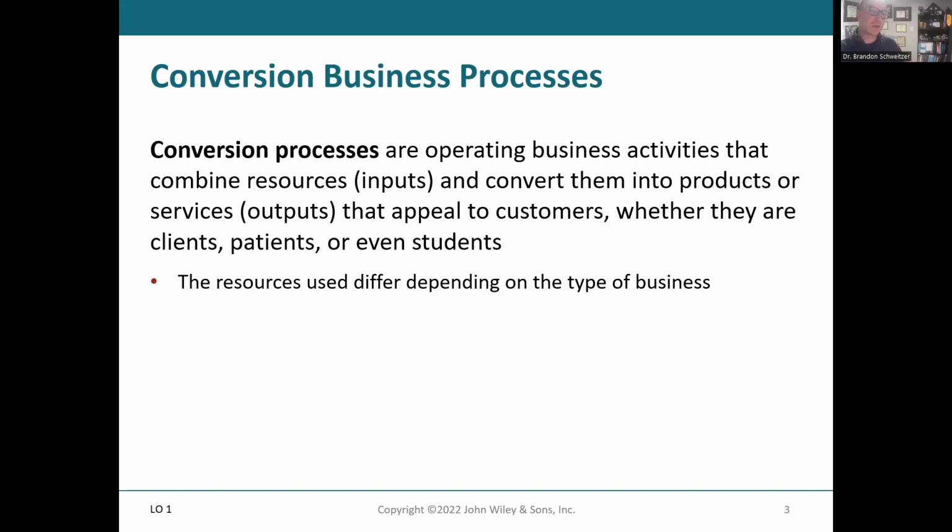The conversion process is where we convert the raw materials into finished goods through work in process, right? So we're converting those raw materials, resources, into products, finished goods. That's what the conversion process refers to.